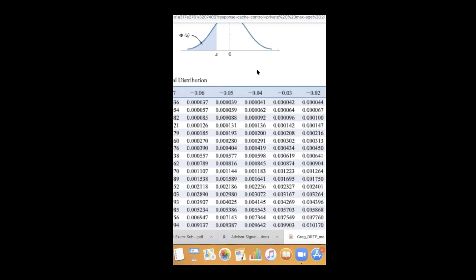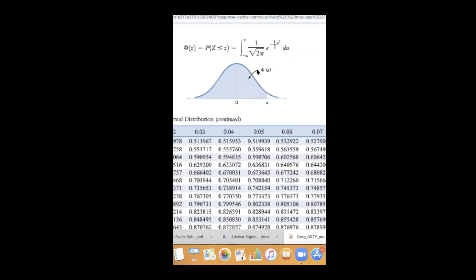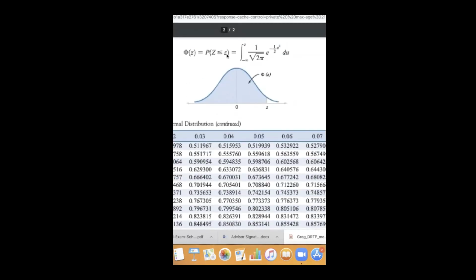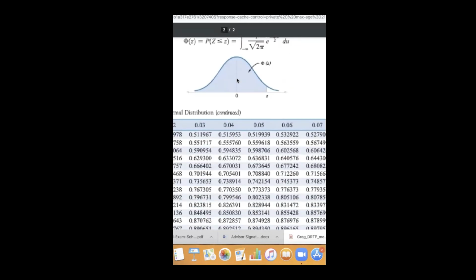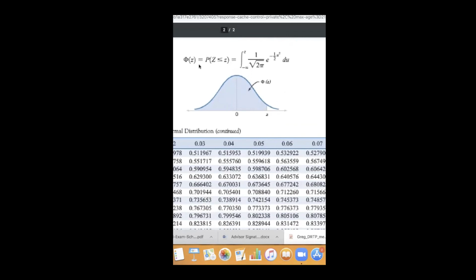Okay, so this is my z table, and what I want you to pay attention to is that when you look at the top part of the z table, in both pages for z positive or negative, it says the probability given in the body of the table is the probability of z less than this lowercase value.